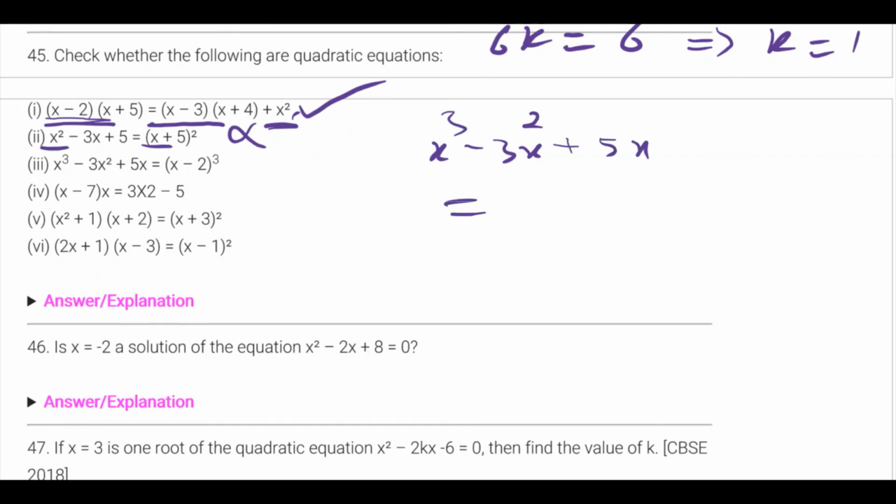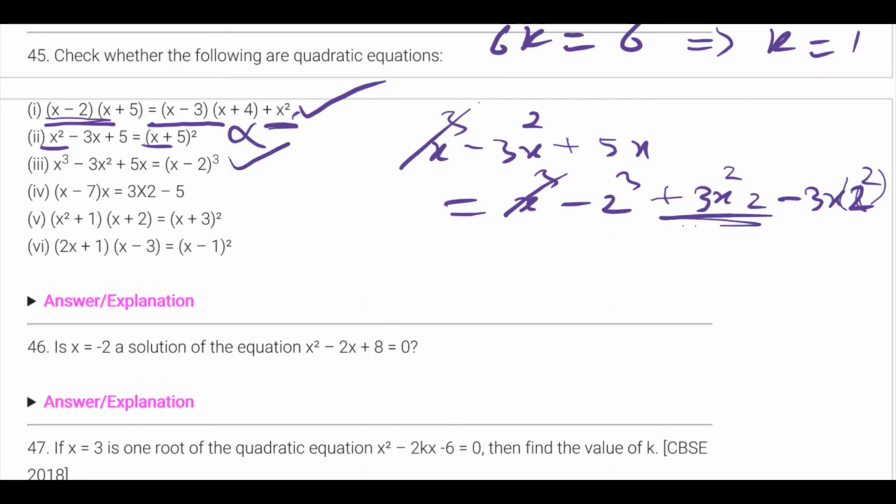That is (a minus b) whole cube, which is a cube minus b cube minus 3a square b plus 3ab square. So this x cube and this x cube get cancelled, and we have a quadratic equation.